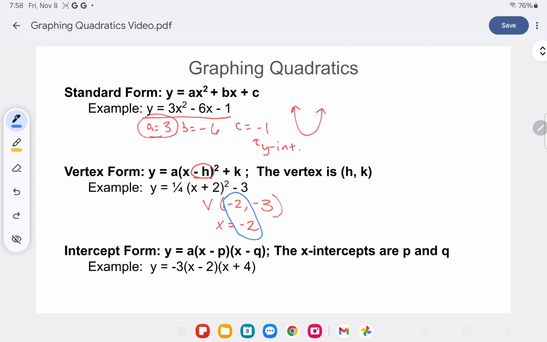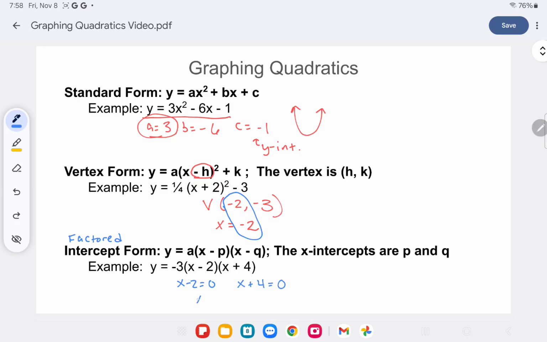The last form is intercept form, or a lot of places call it factored form, where we're given the factors for the quadratic. In this case, -3, x minus 2, and x plus 4 are all factors. If we set each one of those factors equal to 0, it tells us what the x-intercepts of the quadratic are.